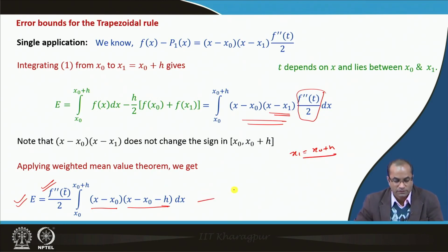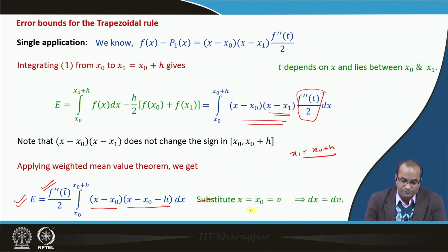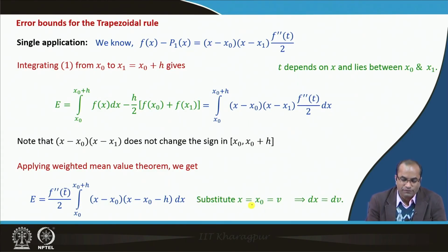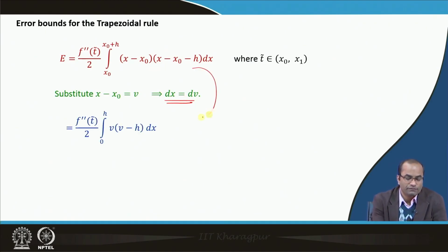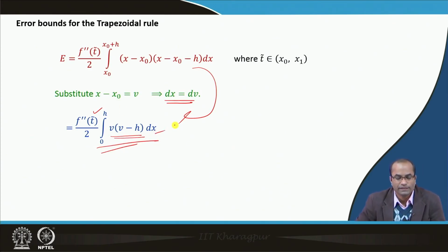Having this, we can now simplify by substituting this x minus x naught as v, that means dx is dv. By doing so, we simplify this to the expression f double prime t tilde divided by 2 and this integral 0 to h of v times v minus h dv.